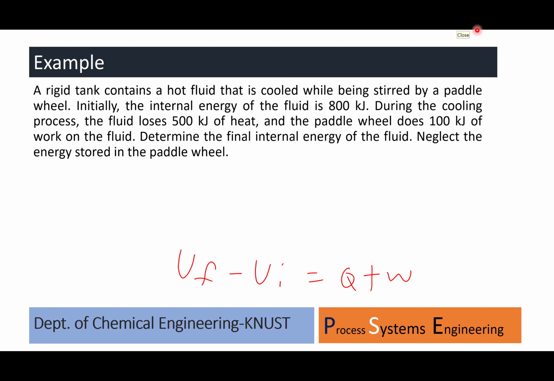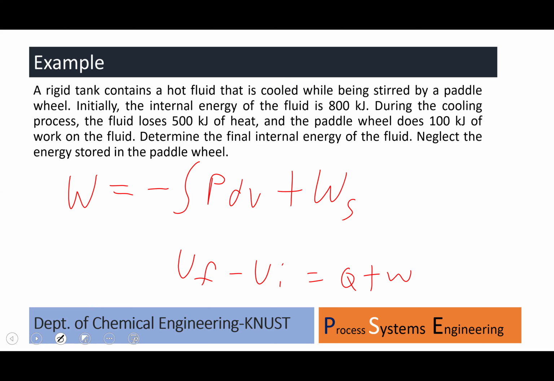Okay, so when we say the tank is a rigid tank, what we are saying is that the volume is not going to change. The volume of the tank is not going to change. But remember that we said if we want to consider work, our W is equal to minus the integral of P dV plus our shaft work.